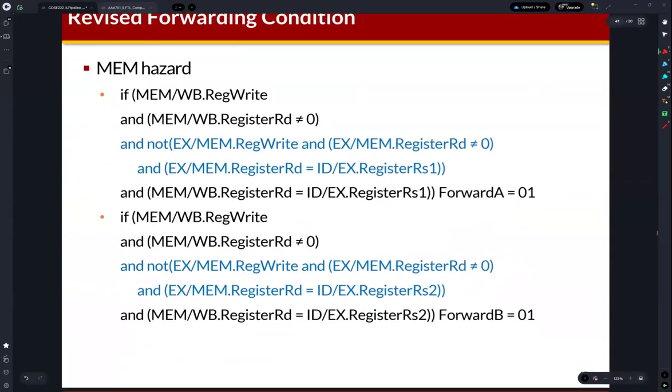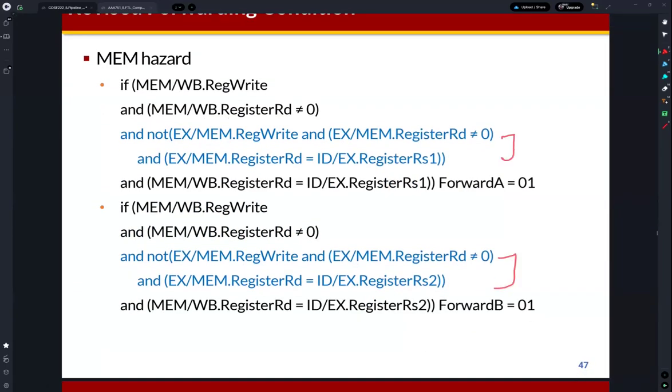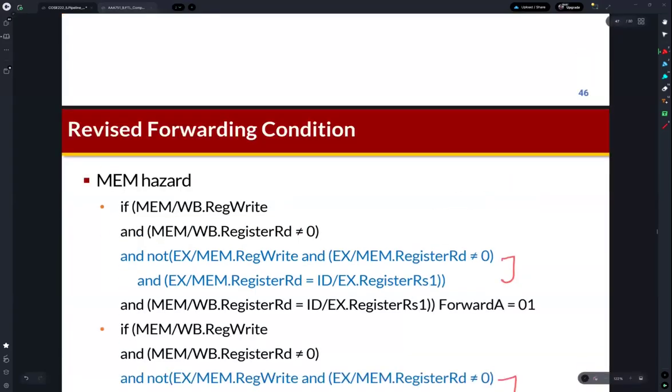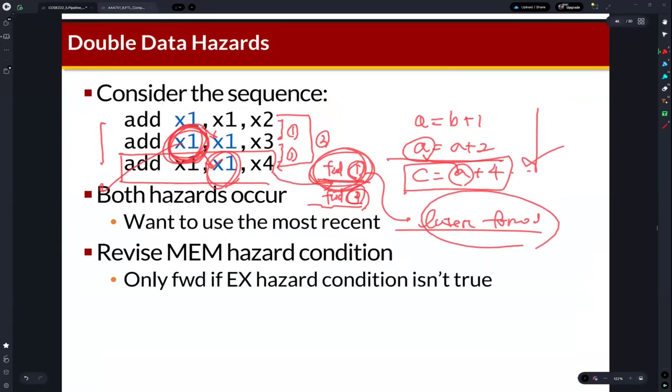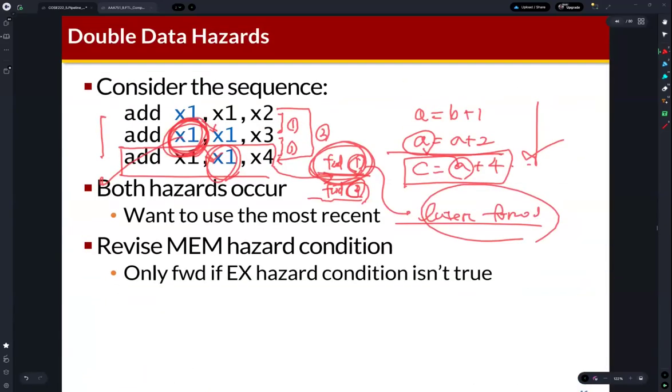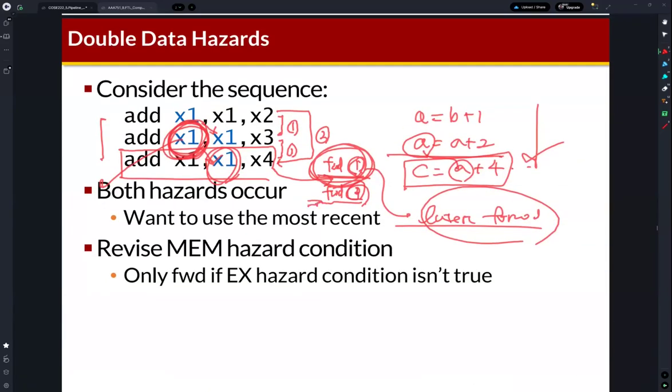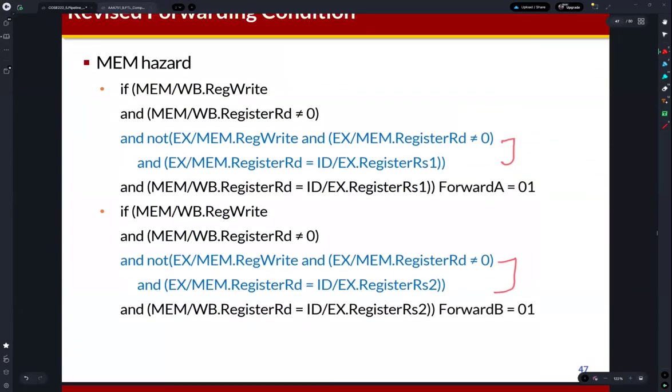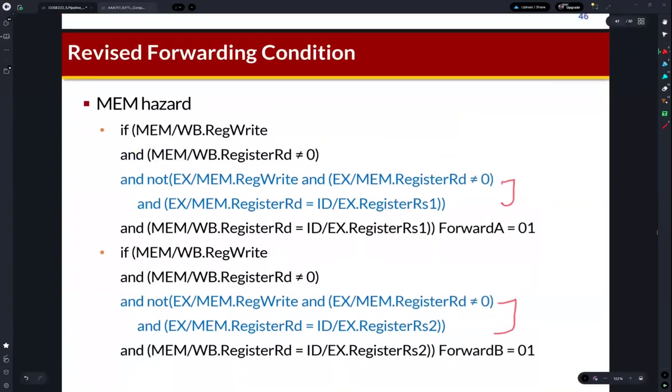So we also need to add this condition. Even though forwarding case 2 is valid, if forwarding case 1 is valid, then we need to select forwarding case 1. So in this example, this is the revised forwarding case 2.